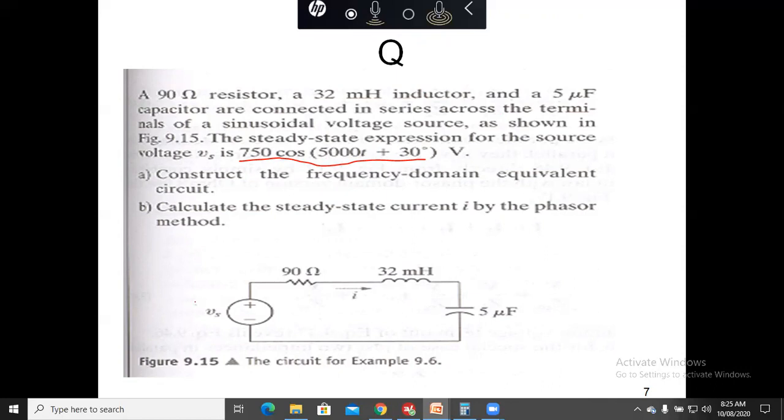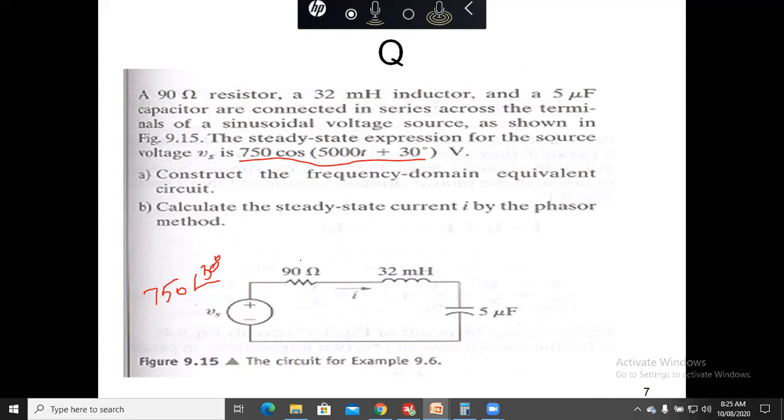When we represent it in the phasor form, we write 750 at the angle of 30 degree. That's the simple way to represent it in the phasor form.